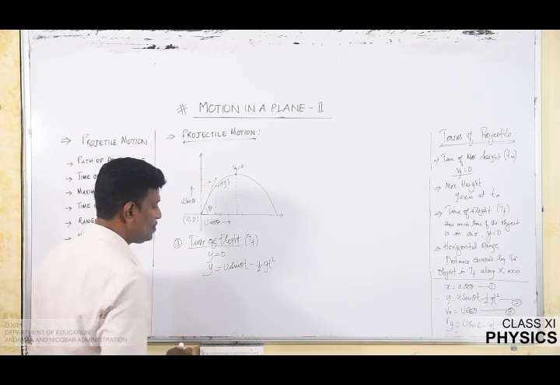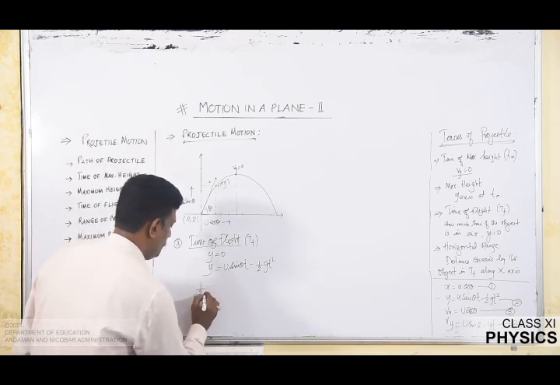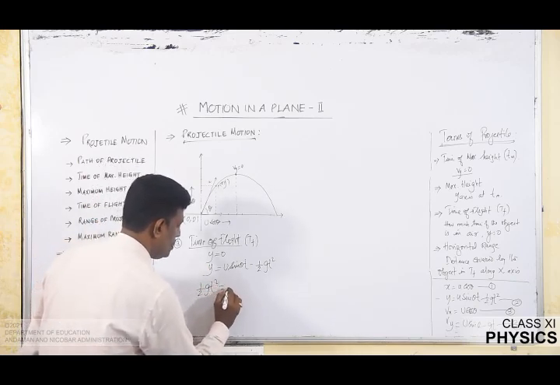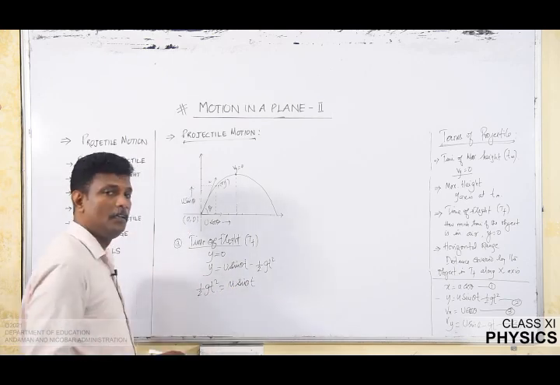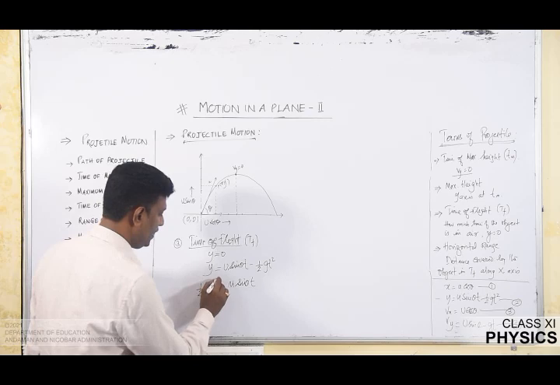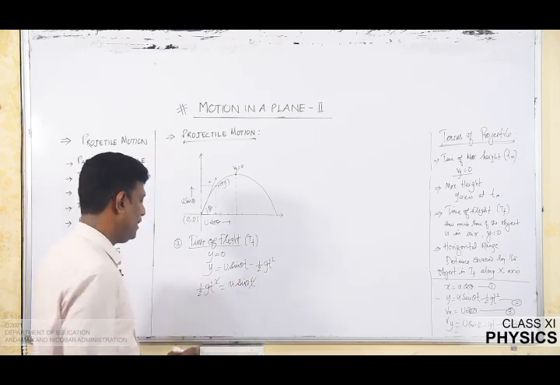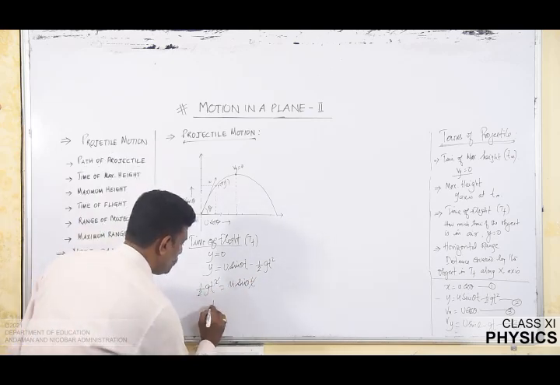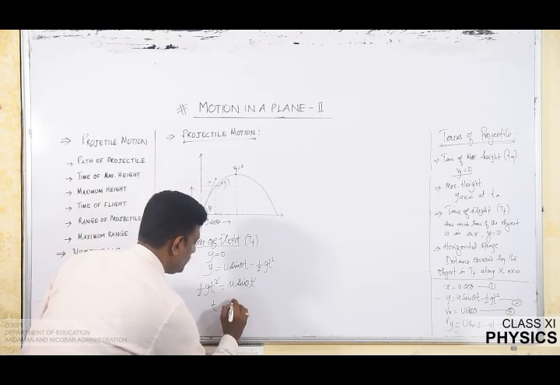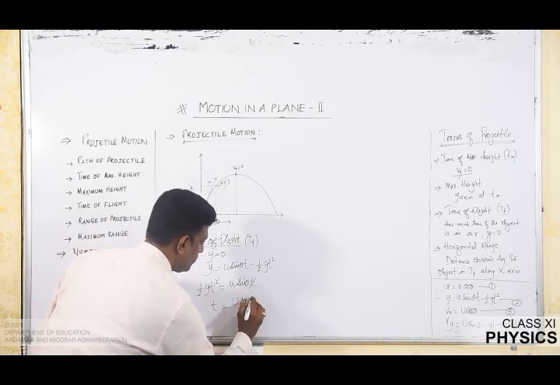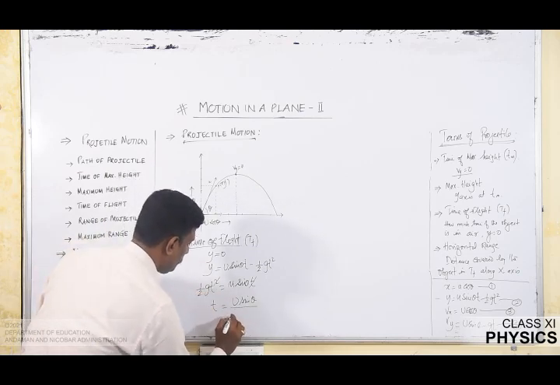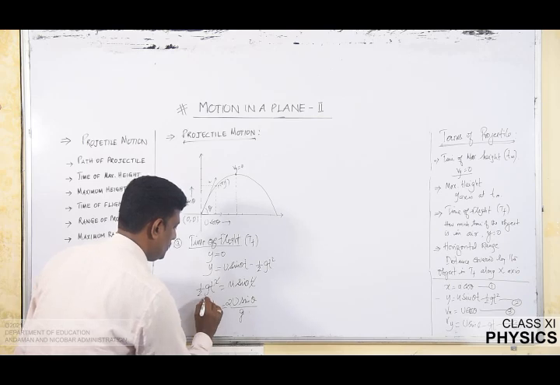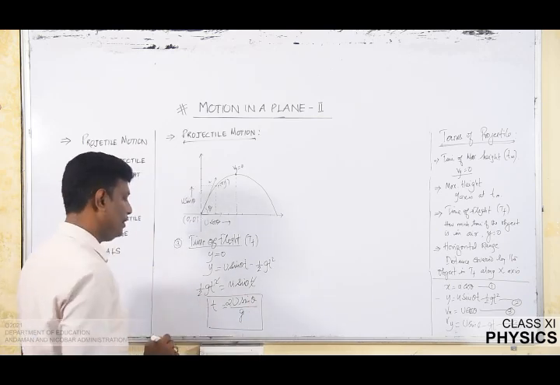Here y is equal to 0 means half g t square is equal to u sin theta t, and these two t will get cancelled. Quite simple.